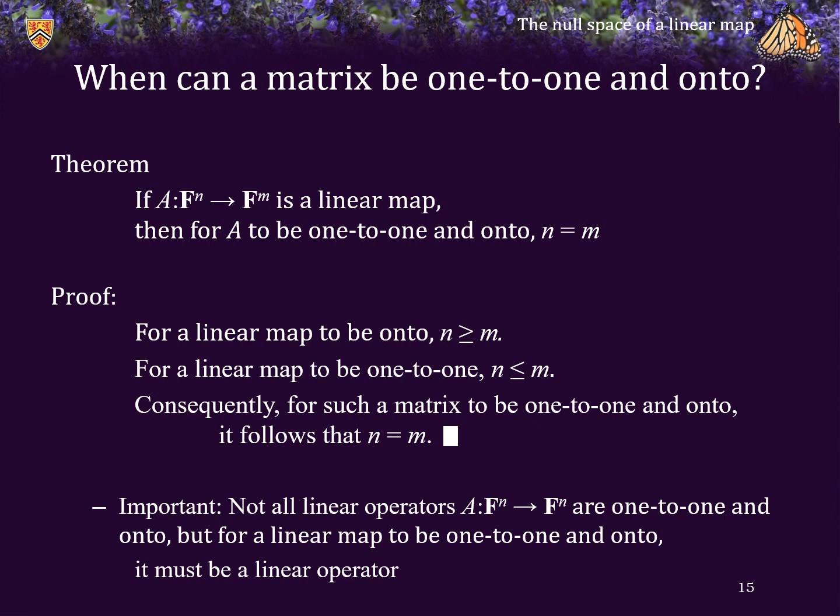Important: not all linear operators A mapping F^n to F^n are one-to-one and onto. But for a linear map to be both one-to-one and onto, at the very least, it must be a linear operator.